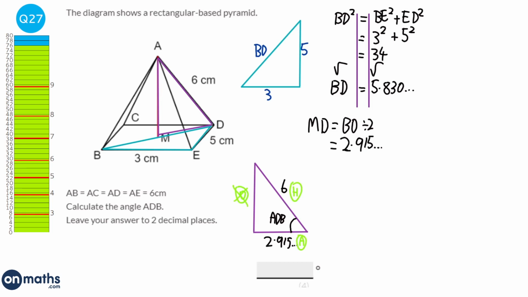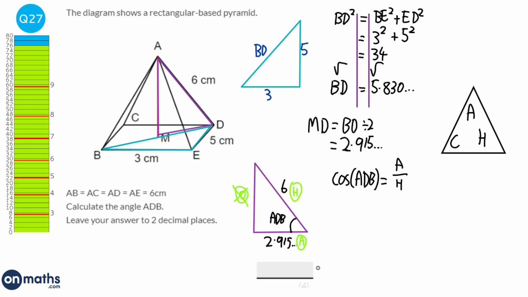So the adjacent and hypotenuse means we'll be using cos, C-A-H, and so it's going to be cos of ADB is going to equal the adjacent over the hypotenuse. Let's get our tram lines in. Okay, that's going to equal 2.915 and so on over the hypotenuse, which is 6.